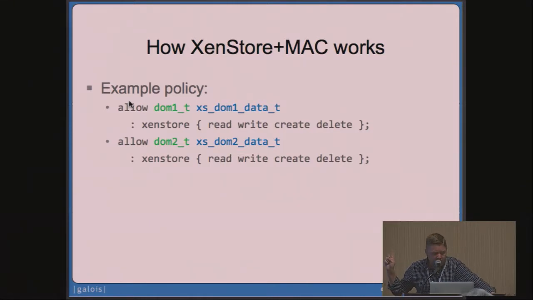On the right in blue, we have XS DOM1 data T, which is a XenStore node. That's the label for DOM1's data nodes. And what we're allowing the domain to do is read, write, create, and delete those nodes. This type on the right could correspond to a single node, it could correspond to a whole set of them. But as long as the label of the node is that, those accesses are going to be allowed.